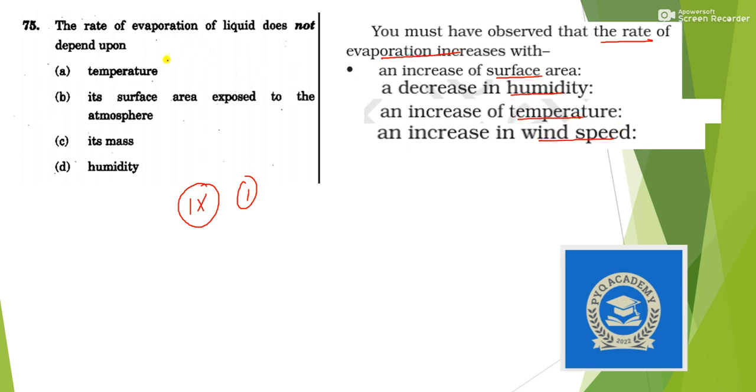So it depends upon temperature, yes. It depends upon surface area, yes. It depends upon humidity, but it does not depend upon the mass. So the answer is option C. Let's move to the next question.